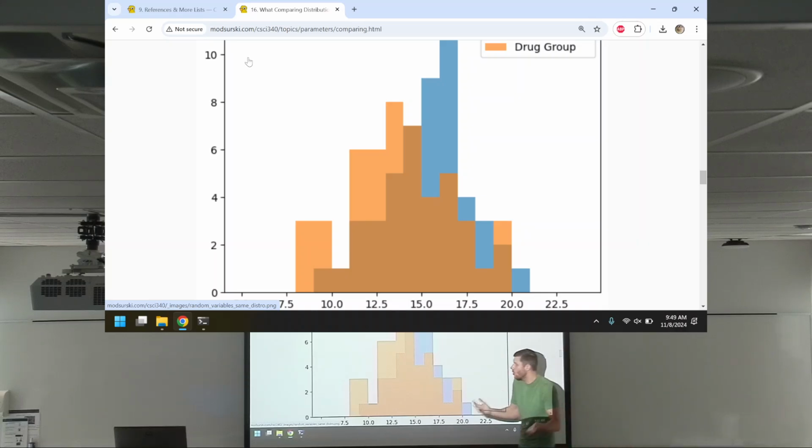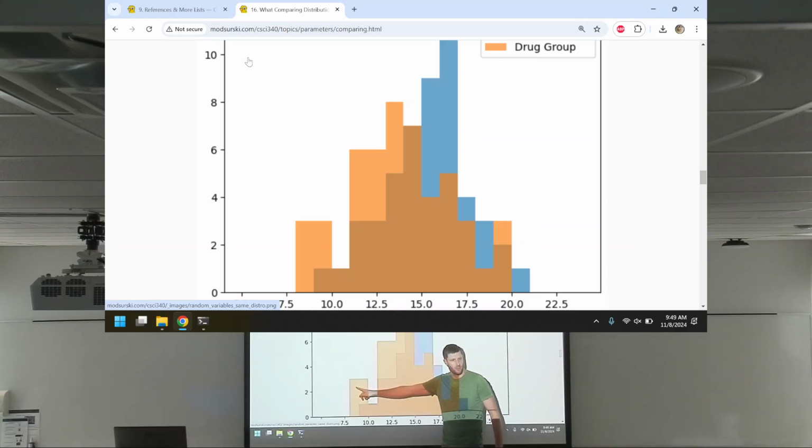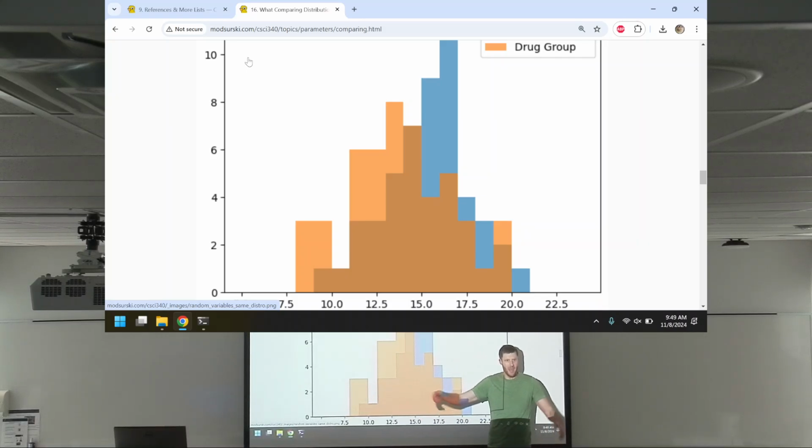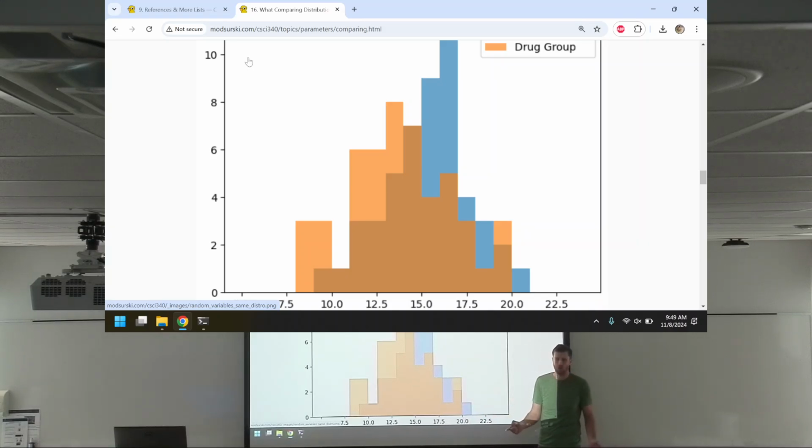If the drug made no difference, it doesn't matter if this is orange or blue, right? It wouldn't actually matter. If it made no difference, I don't care who is in what group. That's what we call, does anyone know what we call this idea? I know you've heard it before, but again, you've had terrible teachers. This is what we call the null hypothesis. It makes no difference.